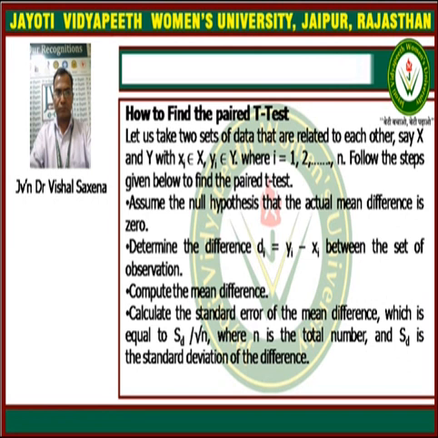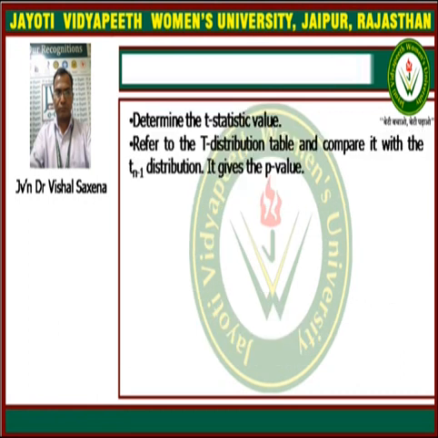The third point is compute the mean difference, and the next point is calculate the standard error of the mean difference, which is equal to SD upon under root n, where SD is the standard deviation of the difference and n is the total number. Determine the t statistical value, and refer to the t distribution table and compare it with the t, n minus 1 distribution. It gives the p value and we can further conclude the result.